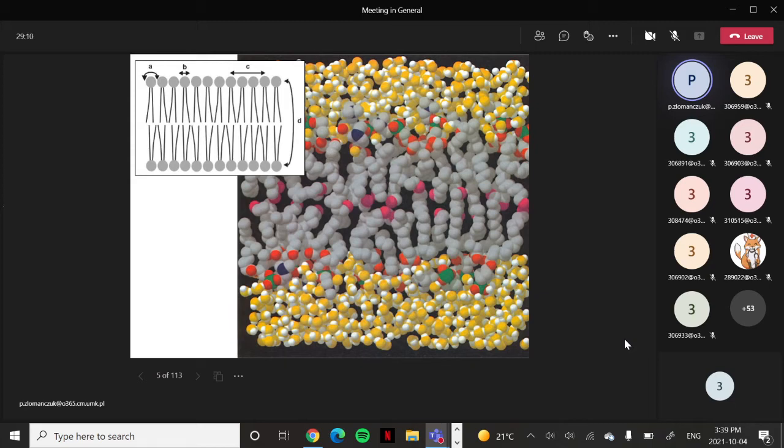So this is the first condition for a molecule to pass easily through the phospholipid bilayer: small size. And the second feature, which is very important for us, is that those molecules which are able to cross the bilayer don't have electrical charge.